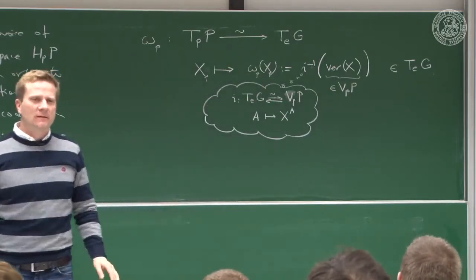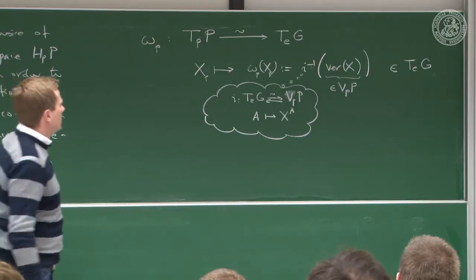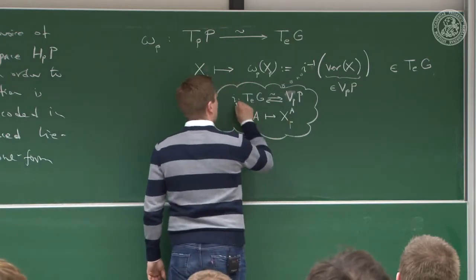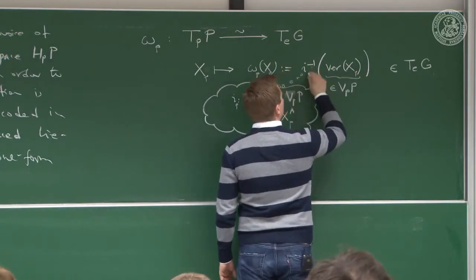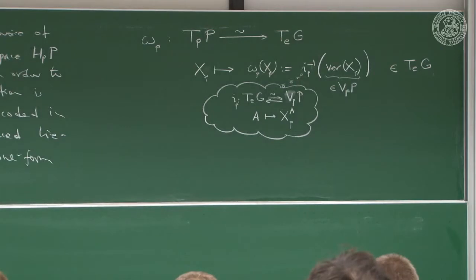I think I pointed to gamma_T P and not to V_P P, so don't we need an index P for the I or something like that? Yeah, that's a very good observation, and because I went to every individual point, that's true. Thank you. It mapped this to an entire vector field, but then in particular, I can look at it at the point P.